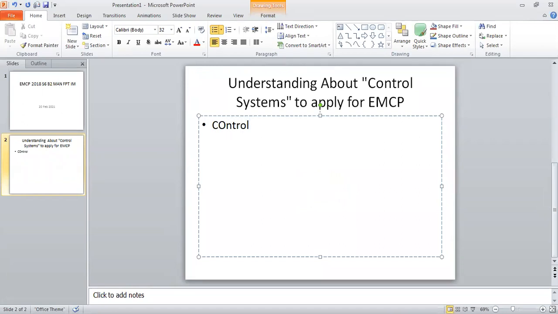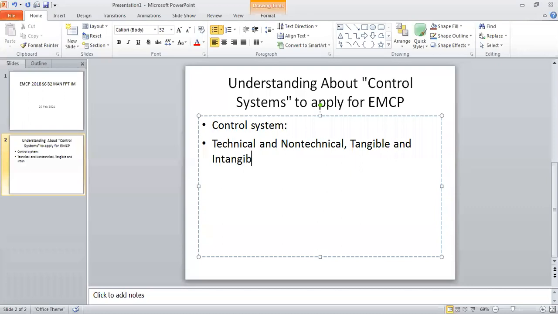Control system. In a control system, you can have something technical. Even technical words can be used with non-technical aspects as well. Okay, but somehow we can say technical and non-technical. Control systems can be used. Also, there can be tangible and intangible control systems. Okay.